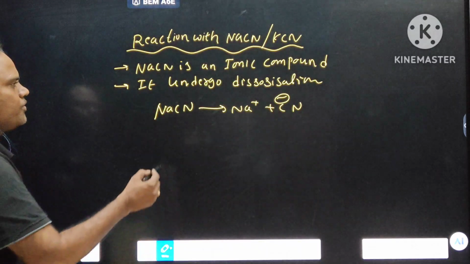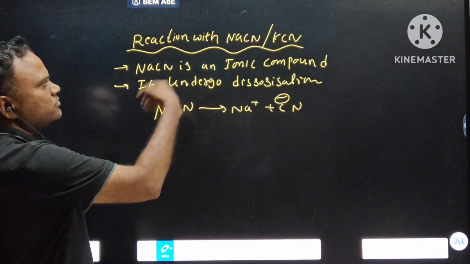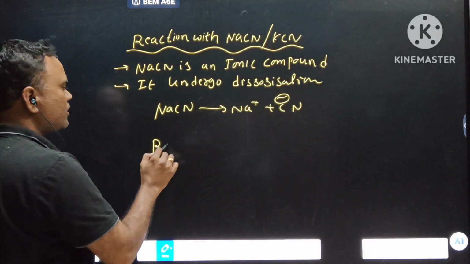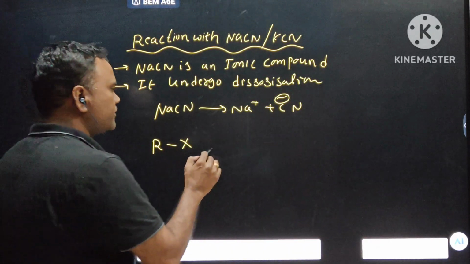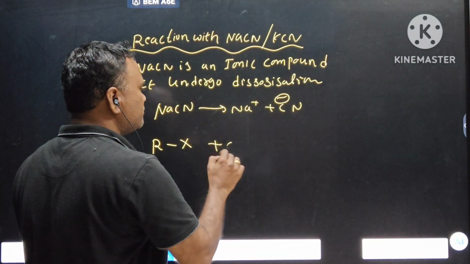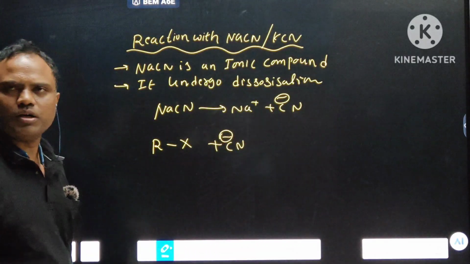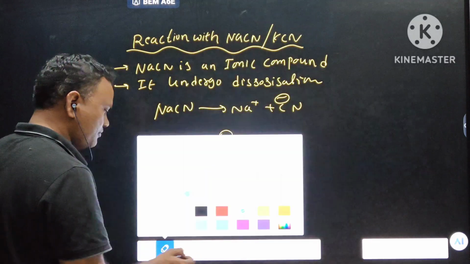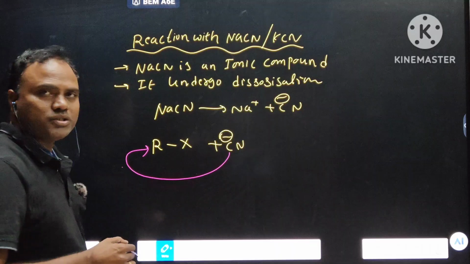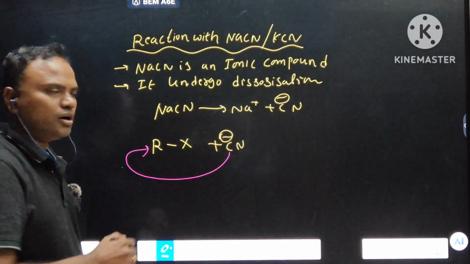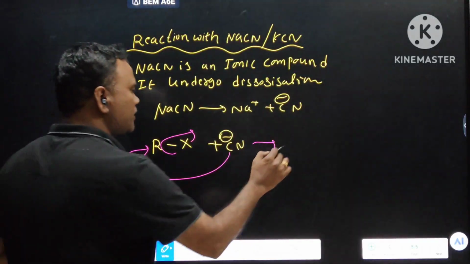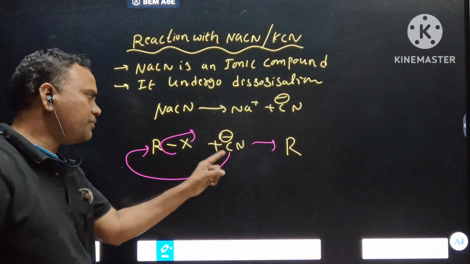Right? Now, when I treat this alkyl halide with NaCN, what will happen? Look at this. RX, alkyl halide, when treated with NaCN. In NaCN, CN negative, carbon with negative charge, attaches to this R. See the link, carbon is linking with R, X leaves. Then we will get R to the R. Which atom is linking?